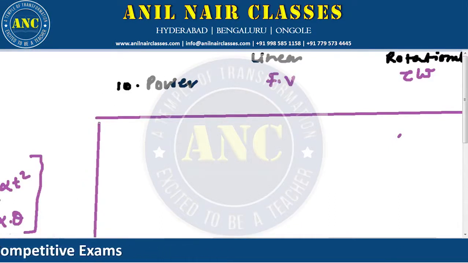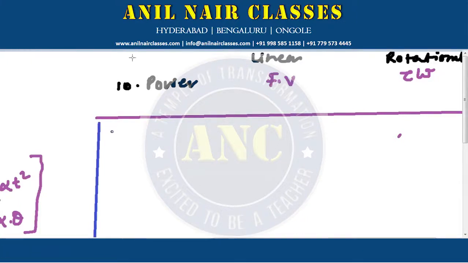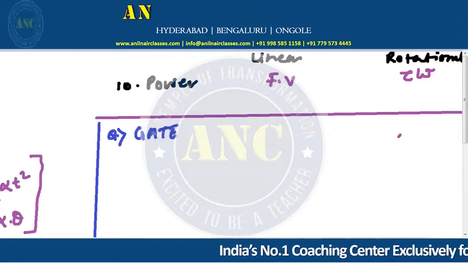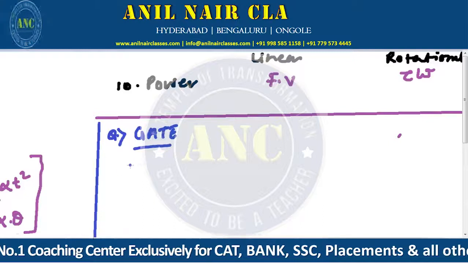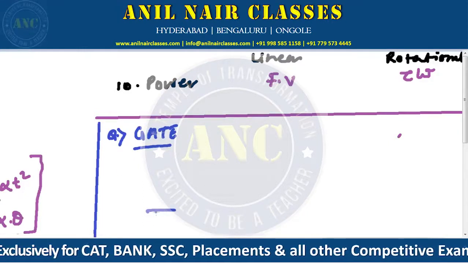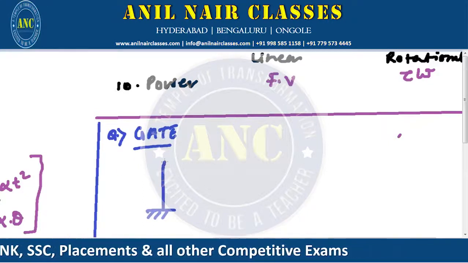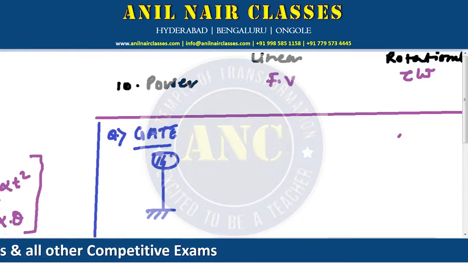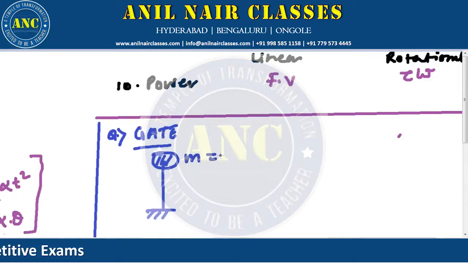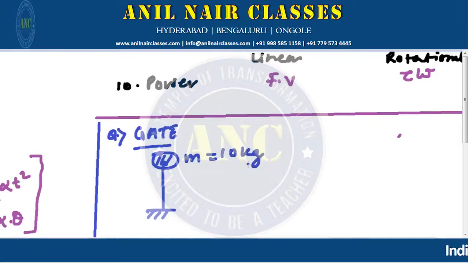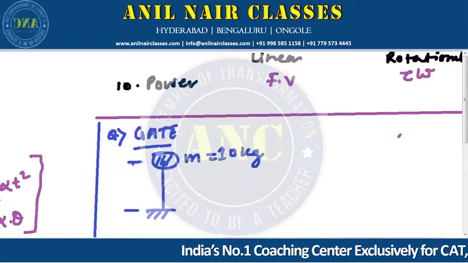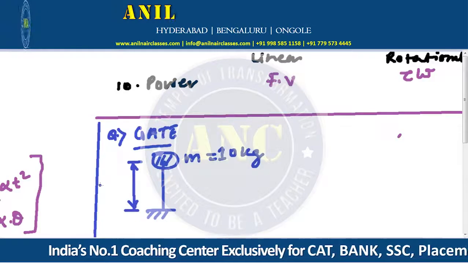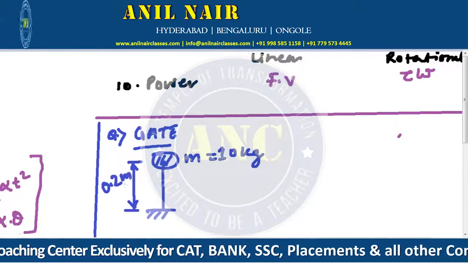Here the GATE question was asked: a rigid body as shown has a mass of 10 kg. There is a body hanging on a beam, and this mass is 10 kg, and this distance is 0.2 meter.